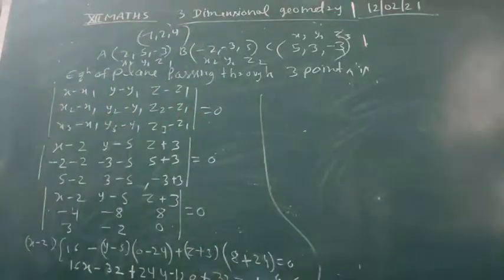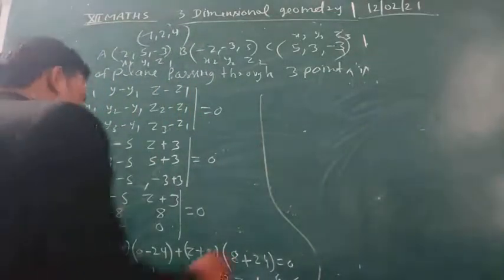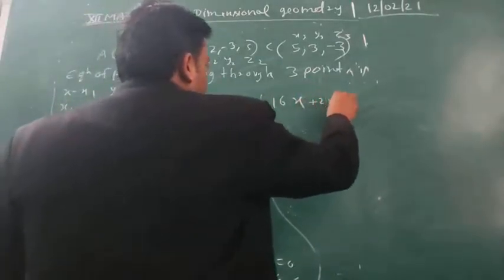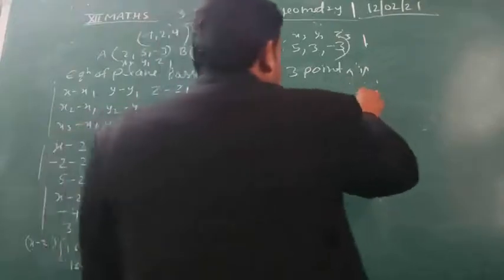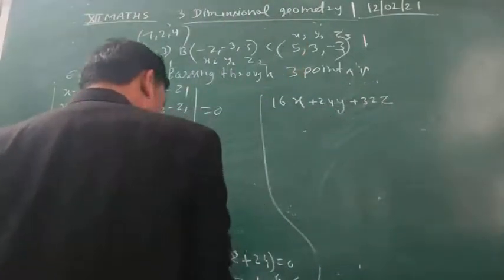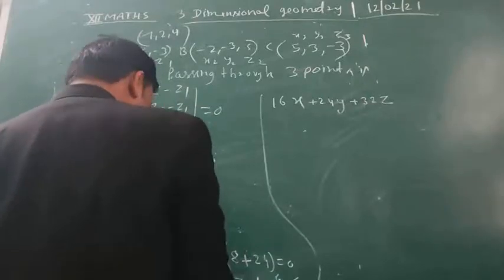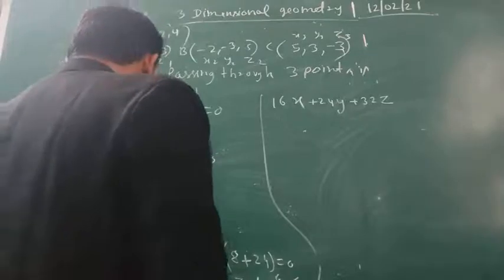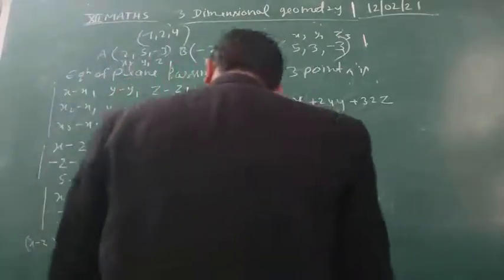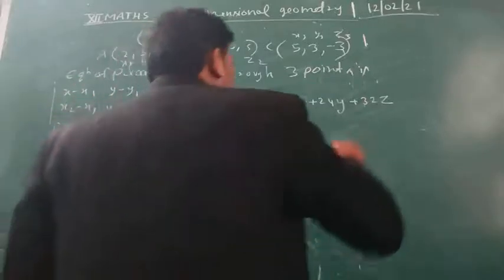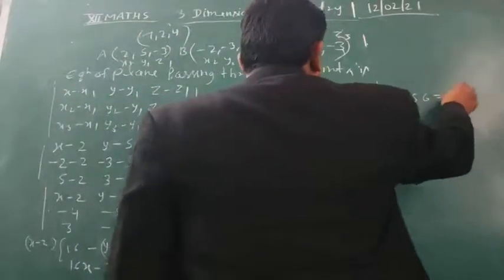Okay, students. Now, we further write this: 16x, 24y and 32z, and the constants are minus 32, minus 120 and plus 96, which is minus 56.